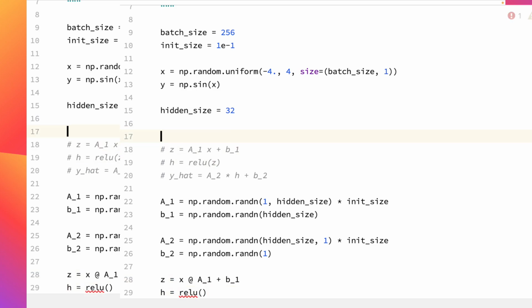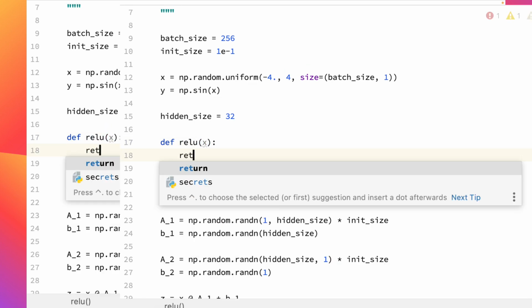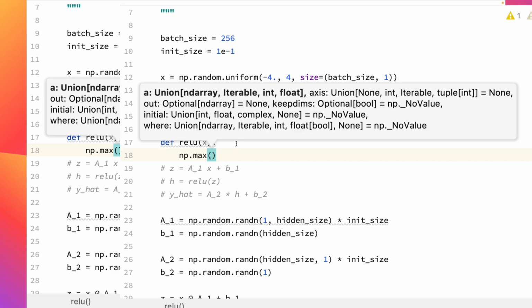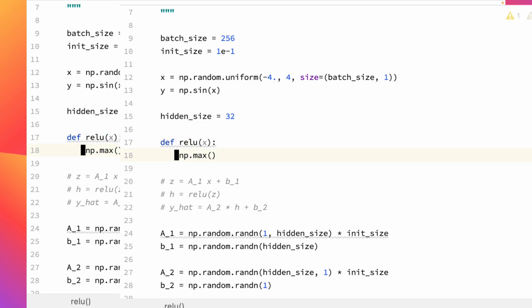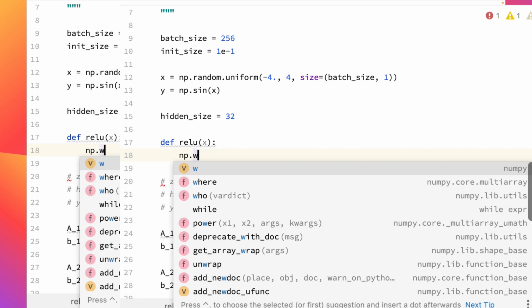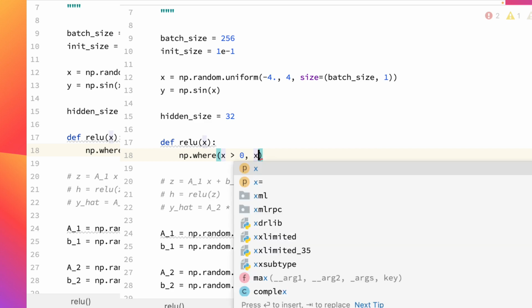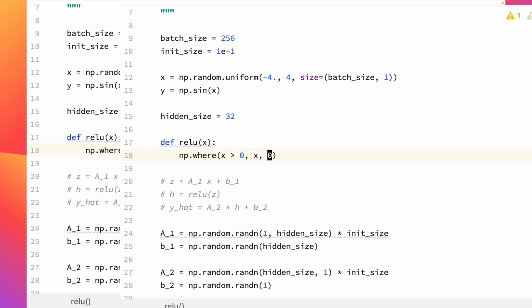Okay, we need ReLU, so ReLU is np.maximum, where x is greater than 0 it's x, and where it's smaller than 0 it's 0.